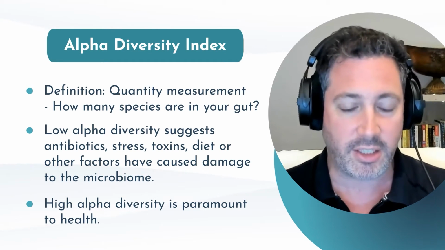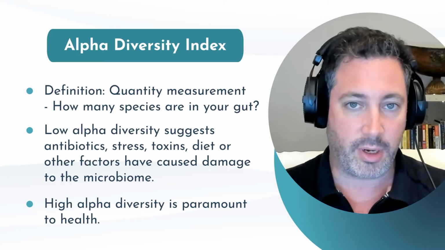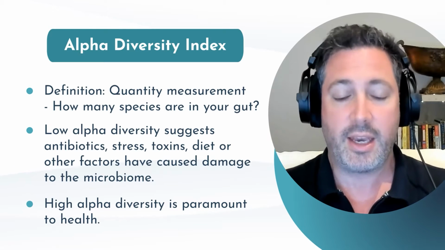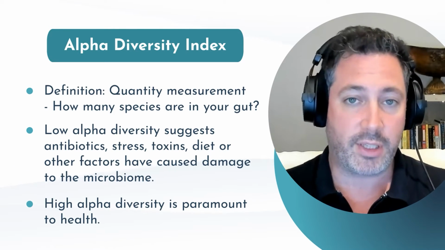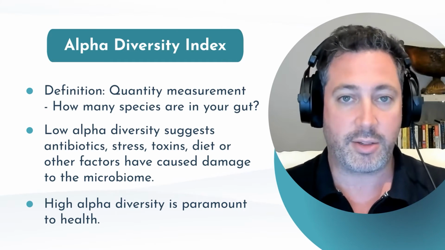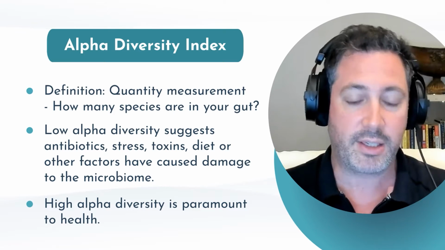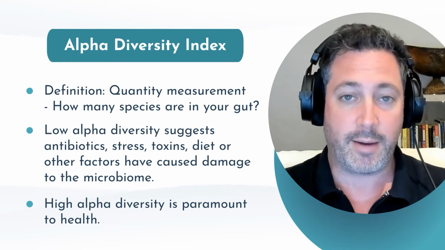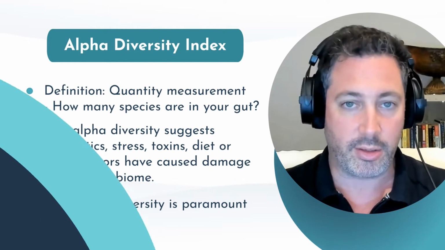For example, the vaginal microbiome needs to have a low diversity to be healthy. So alpha diversity being high and correlated with healthiness of that ecosystem mostly relates to the GI tract, especially, I would say, the colon, because in the small bowel you also want a good amount of diversity, but not that much, because we know that drives other imbalances. So we're mainly looking at colonic diversity here.